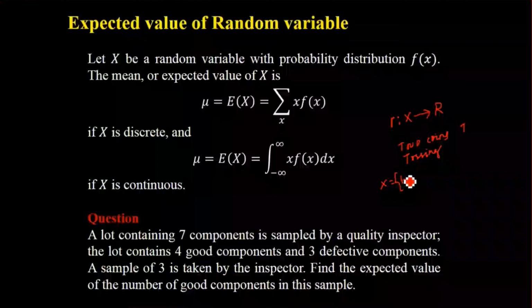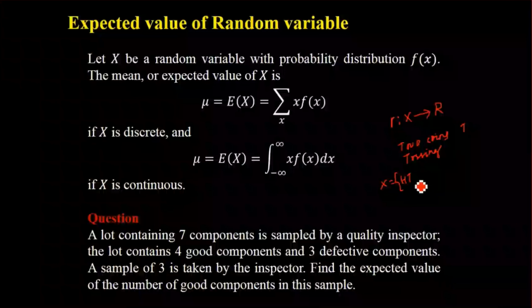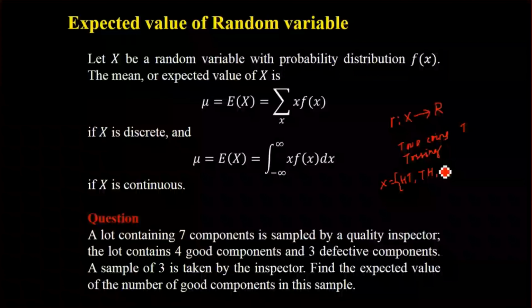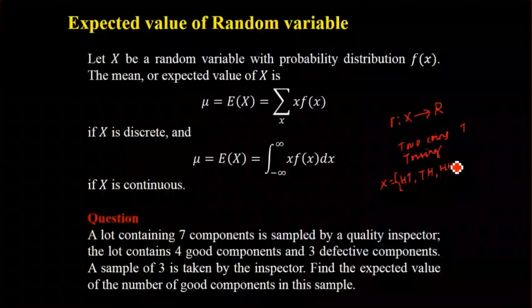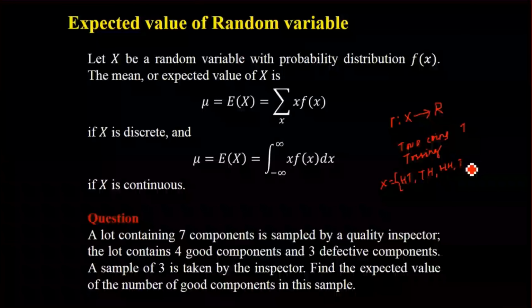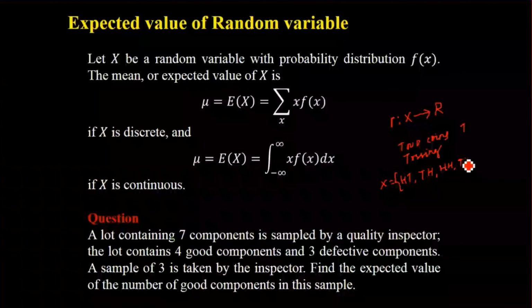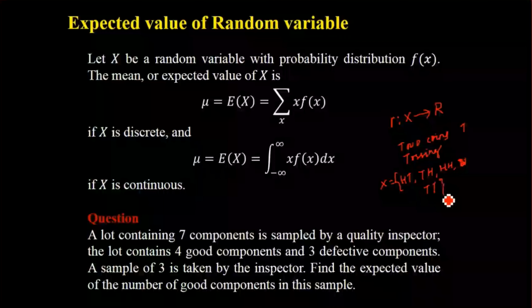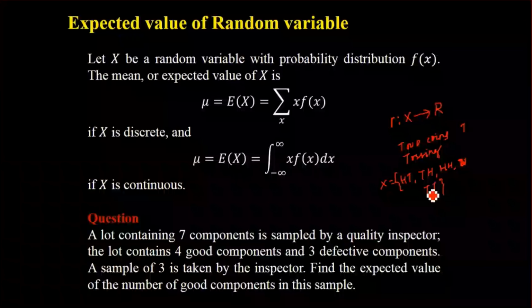X will be HT, that can come, then TH also comes, then HH also comes, then finally TT. You can write in your own order. So there are four possibilities.